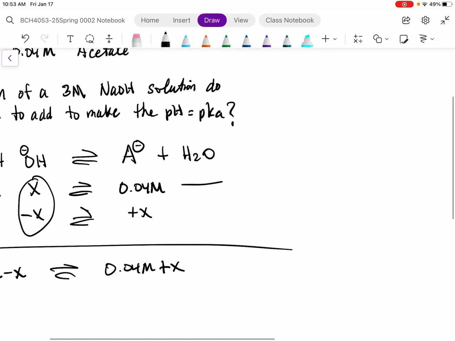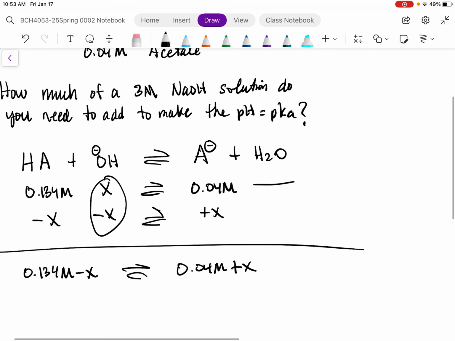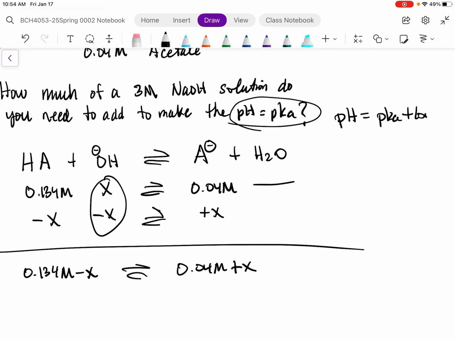Now, one thing that we need to come back to, and the principle we need to understand, is this part right there. If the pH equals the pKa, we know the Henderson-Hasselbalch equation looks like this: log of A minus divided by HA. So in order for that statement to be true, this term has to be 0. And that will be 0 when the A minus concentration equals the acid concentration.